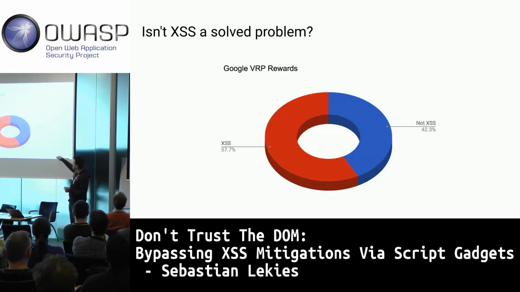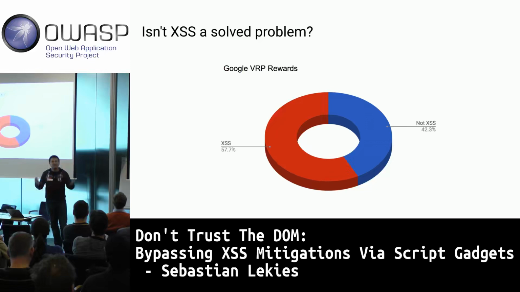What we see is that about 60% of all the payouts that we give out to researchers are spent on cross-site scripting. Cross-site scripting is everywhere. And we have guidelines, we have trainings, but that doesn't help.